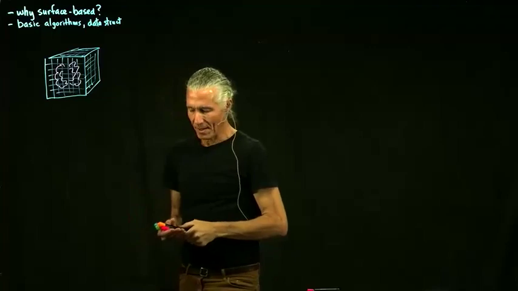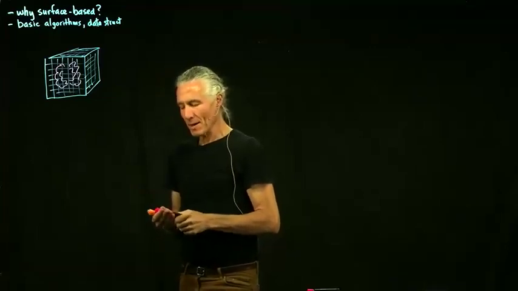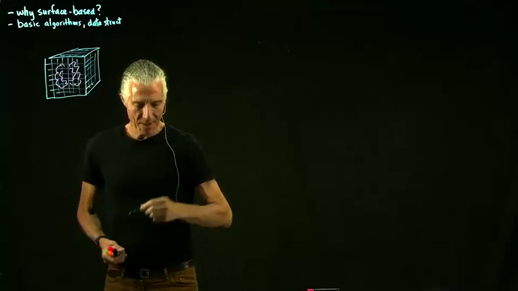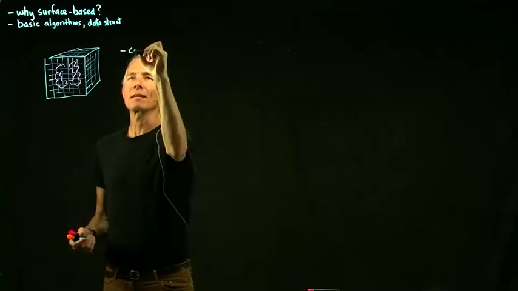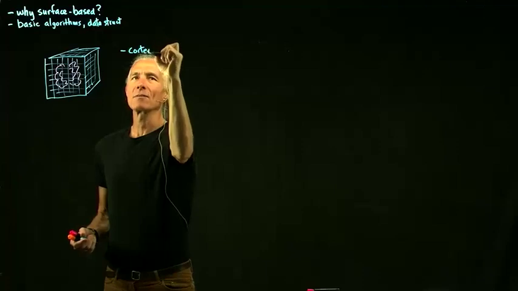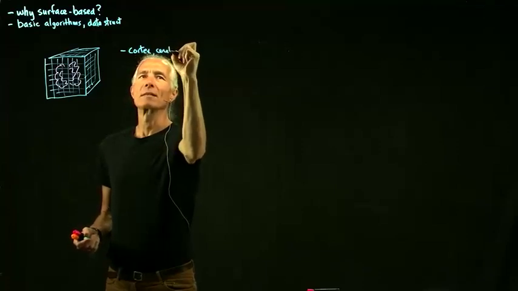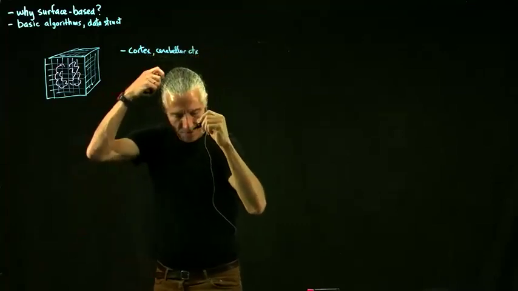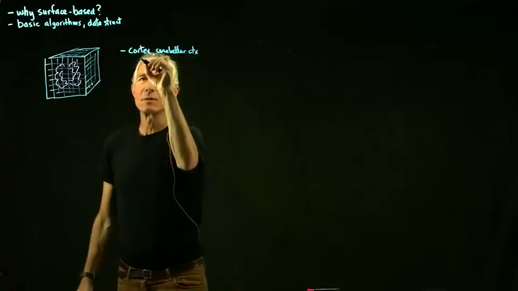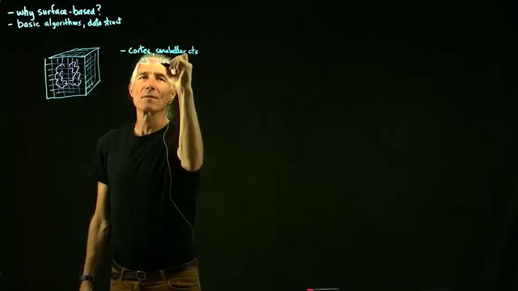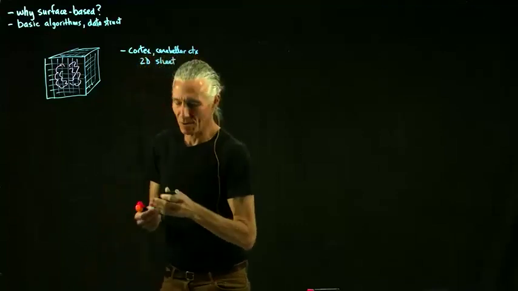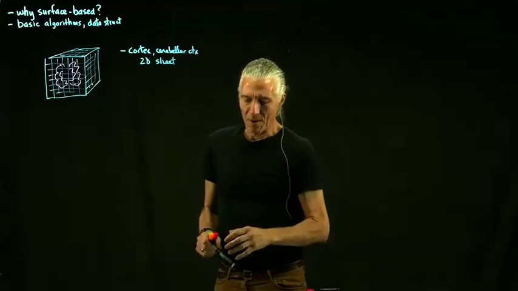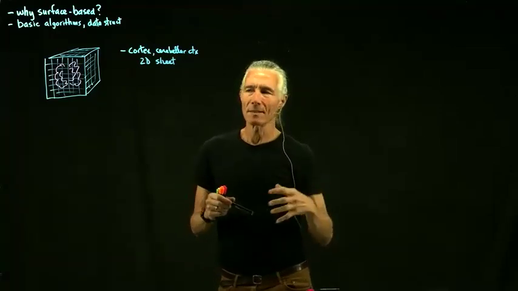The first one is simply that the cortex, neocortex, and also cerebellar cortex are fundamentally 2D sheets. If you look at an animal with a relatively small brain, or small body really, because the main thing that controls brain size is body size.